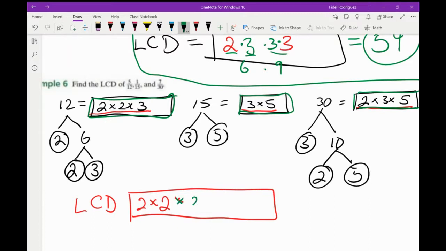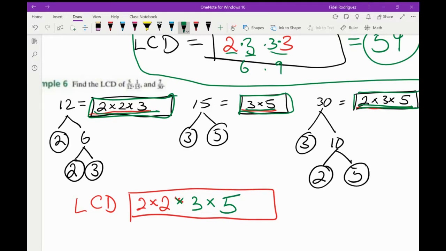So I'm only going to put the number 3 once because none of those boxes have more 3s than any of the others, right? And then the same thing is going to happen with the number 5. When I look at the number 5, there's 1 5 here, there's 1 5 there. This one doesn't even have a 5.